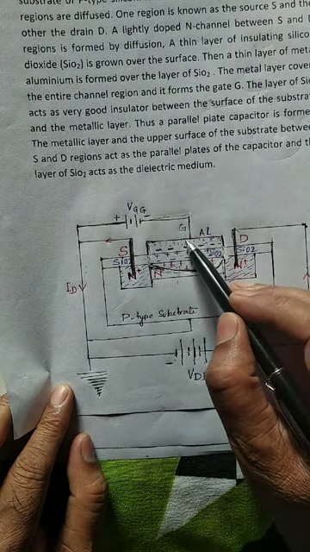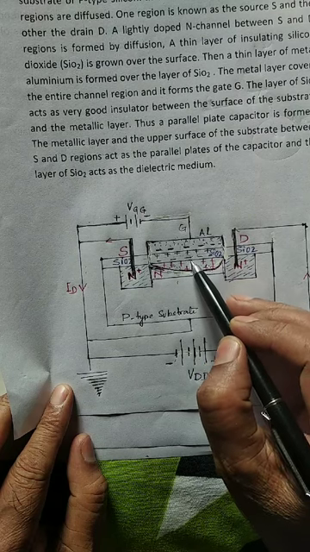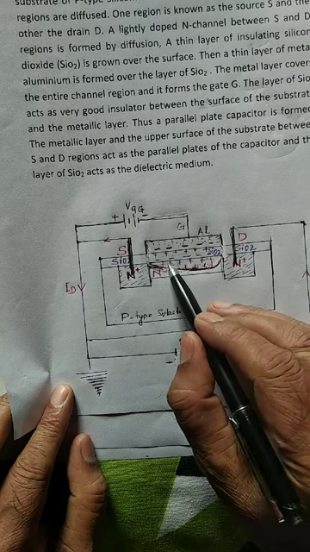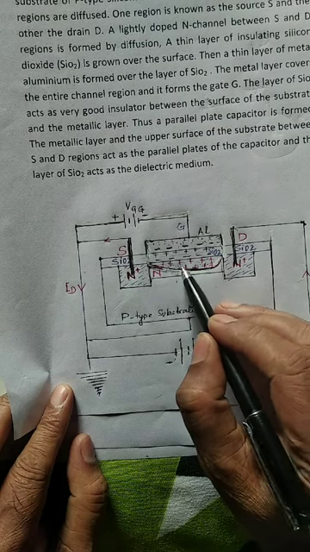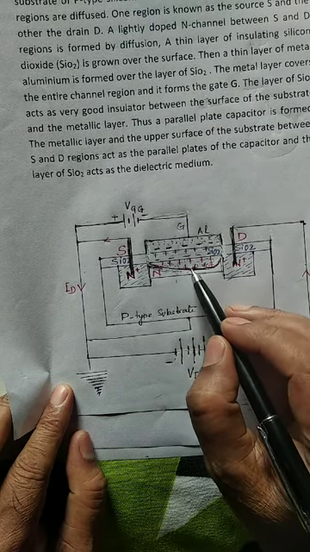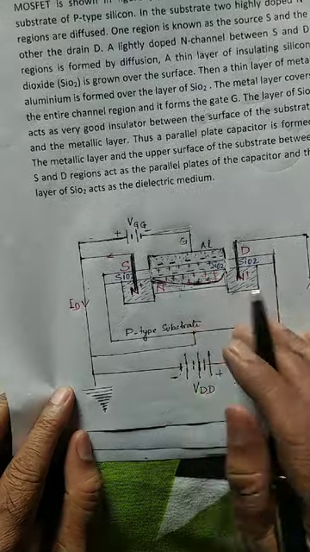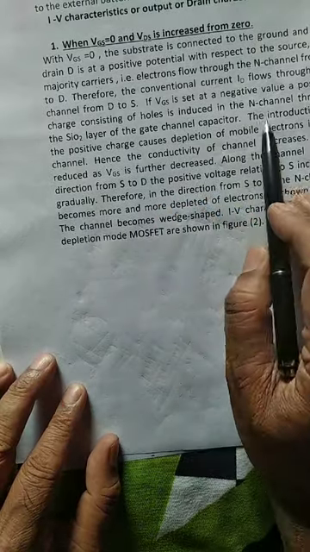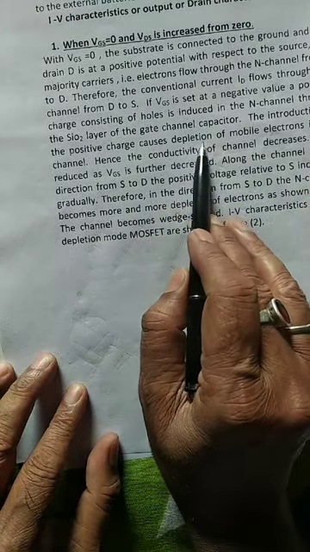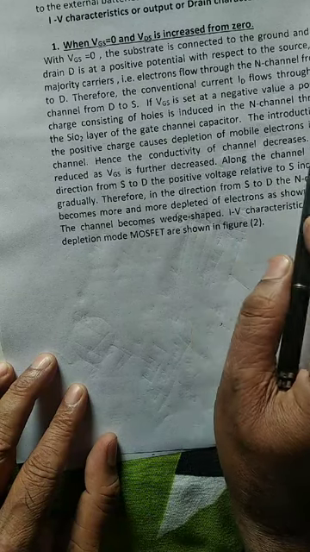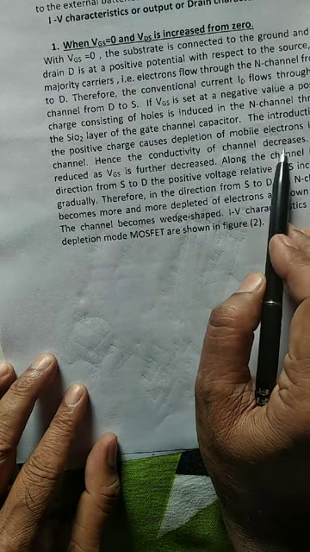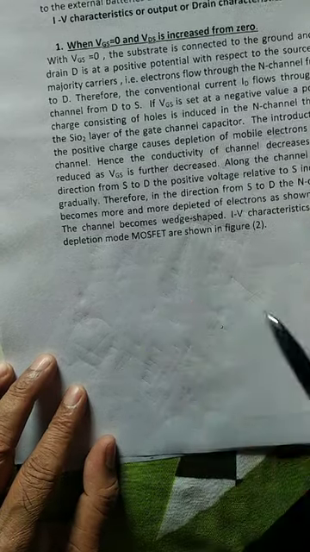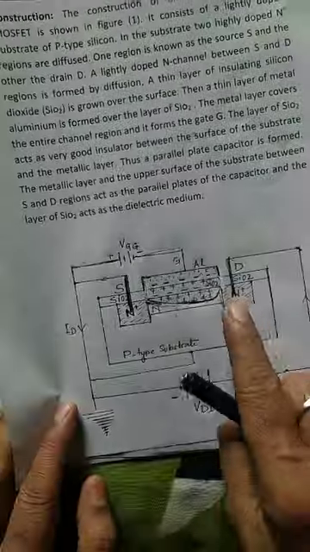If we connect this minus, due to this minus, positive charge is induced here and there is depletion of N. So as the plus charge increases, this layer width will change. The introduction of the positive charge causes depletion of mobile electrons in the channel. Hence the conductivity of the channel decreases. ID is reduced as VGS further decreases.